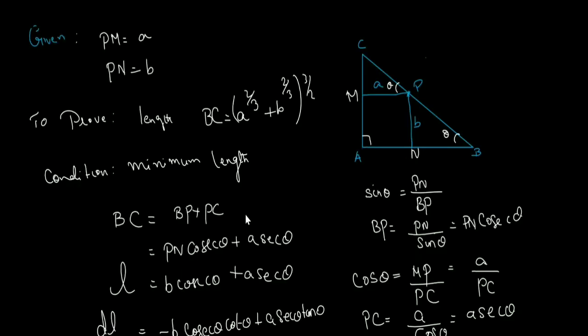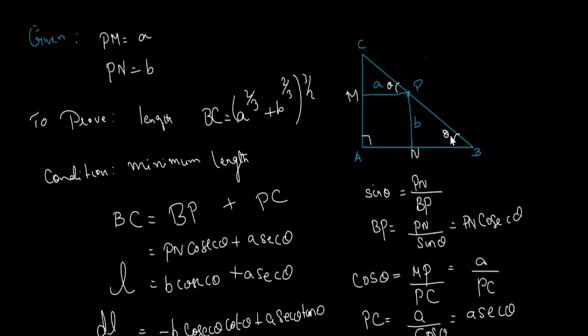To find maximum or minimum, the first condition is we have to differentiate the function. So to find the minimum or maximum length, we have to first find the length and then differentiate. So the length BC is BP plus PC. What is BP? Let us take this triangle BNP.